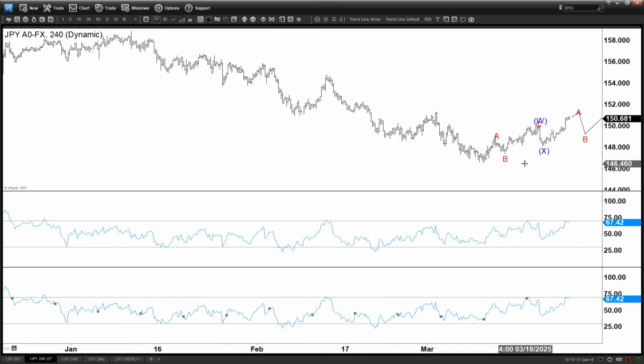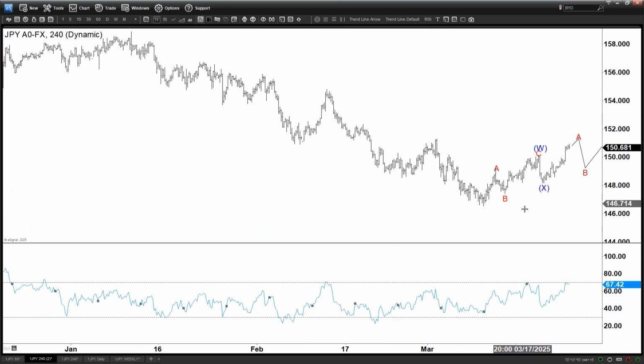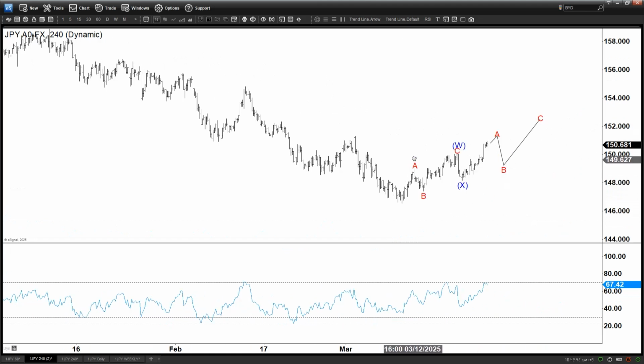Because if we look at the momentum, using the RSI, from the momentum perspective, this rally here breaks the trend line, which typically indicates the cycle is different already. It's not wave 4. When the cycle is different, it breaks the trend line. So what I'm saying is this belongs to the same cycle, and this belongs to another cycle. Because this belongs to the same cycle and finished, calling this 1212 is less likely.